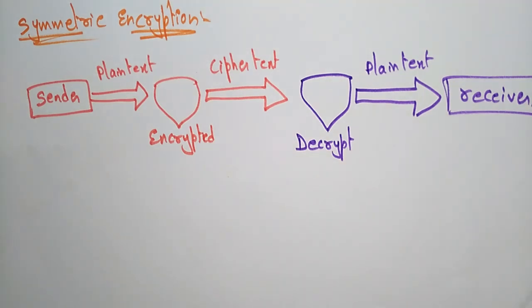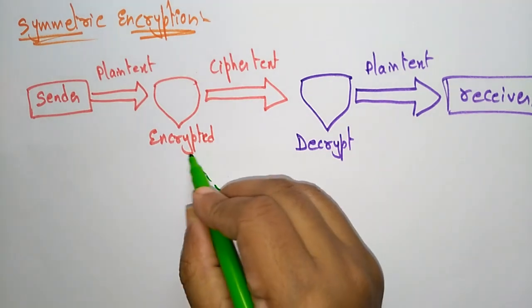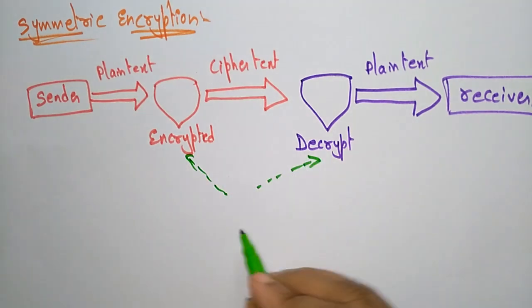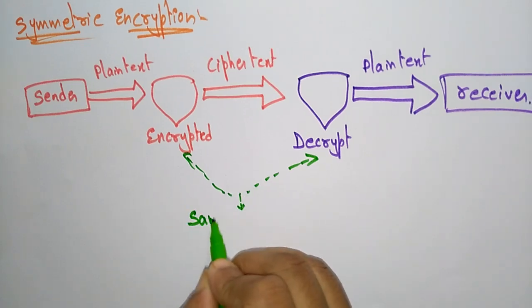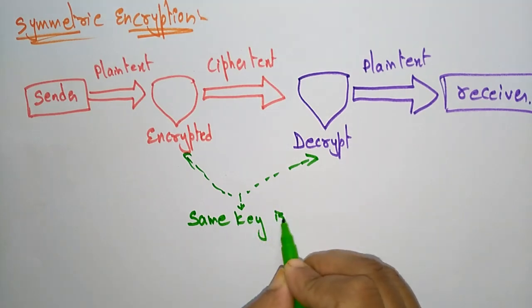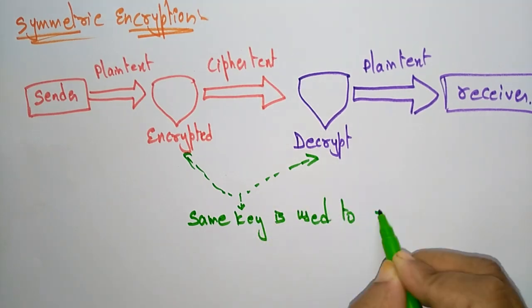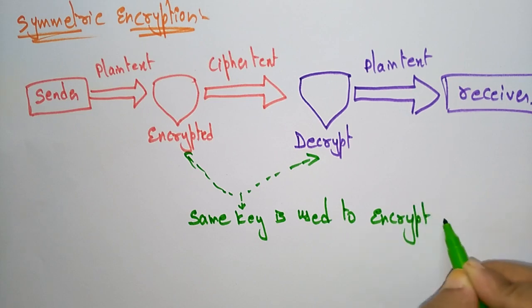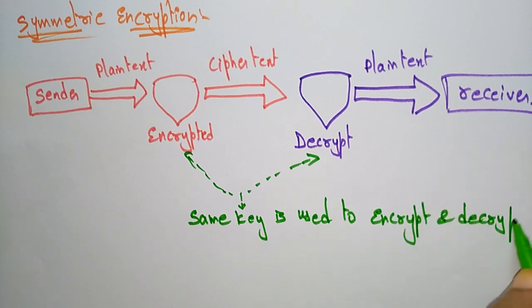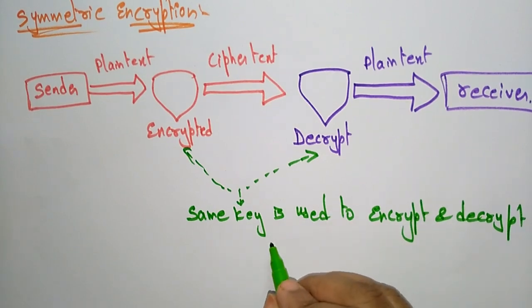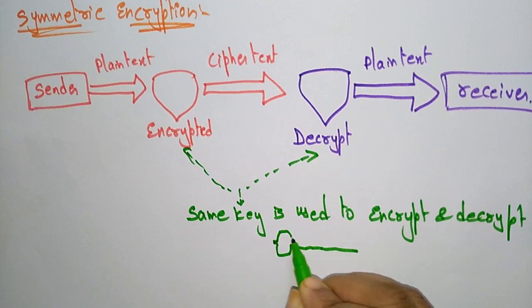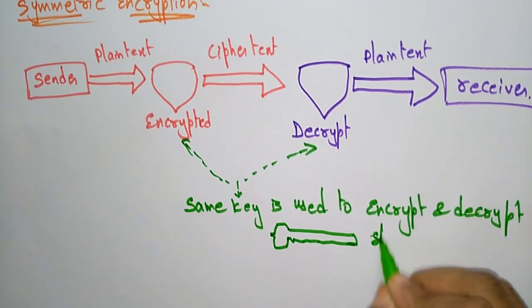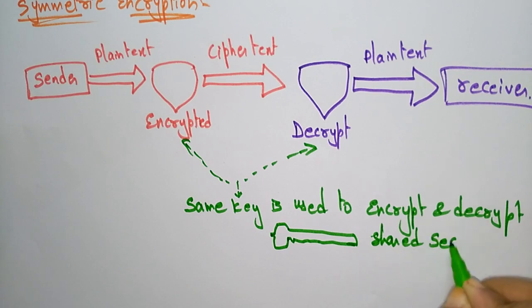In this symmetric process, for encryption as well as decryption, we use the same key. The same key is used to encrypt and decrypt. So this you call a shared key, the shared secret key we used.